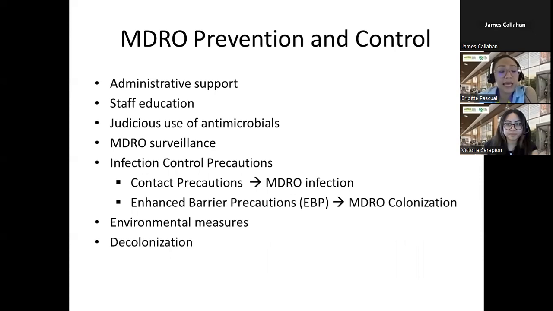MDRO surveillance is a critical, important component of any MDRO control program, allowing detection of newly emerging pathogens and measuring the effectiveness of interventions. As IPs in your facilities, it is important that you are aware of which residents have MDROs, as not all MDROs are alike.